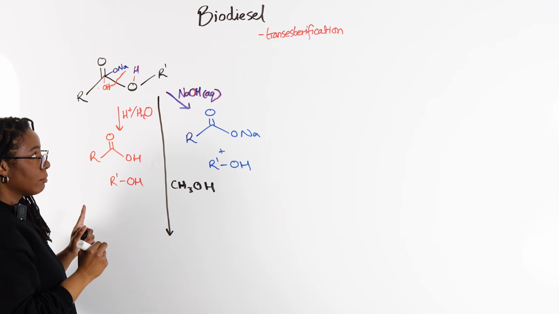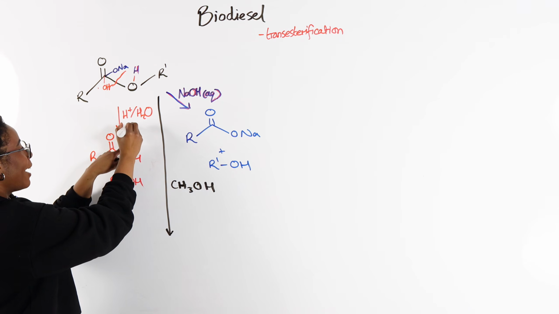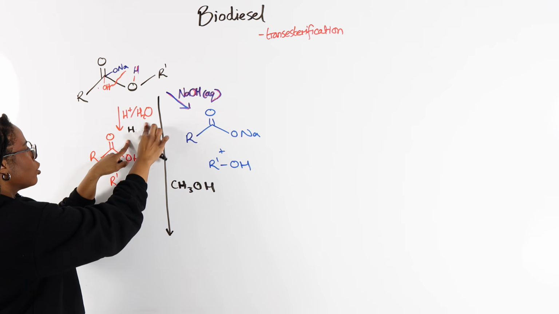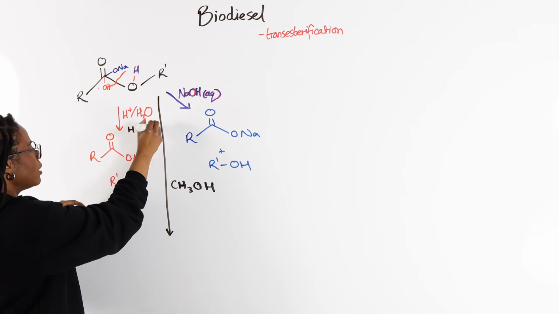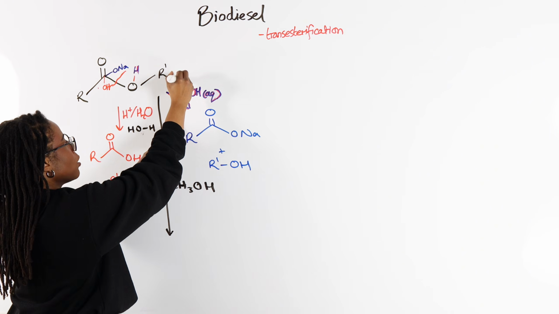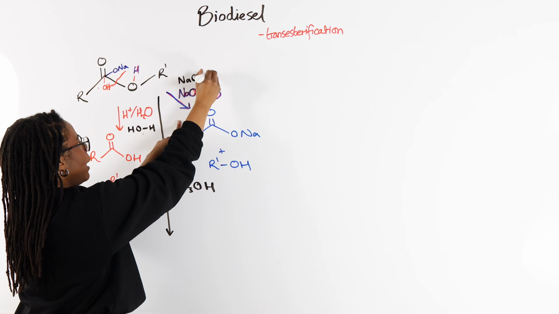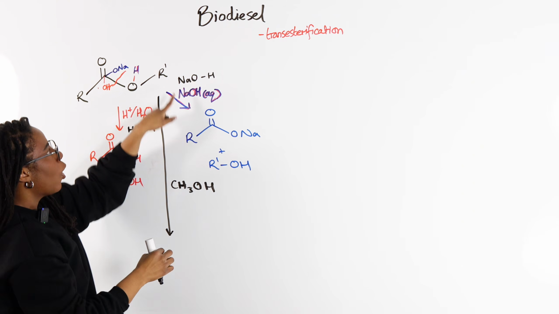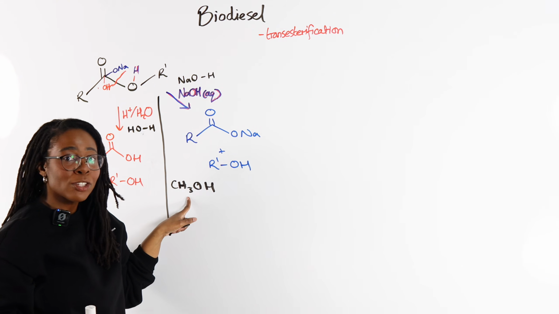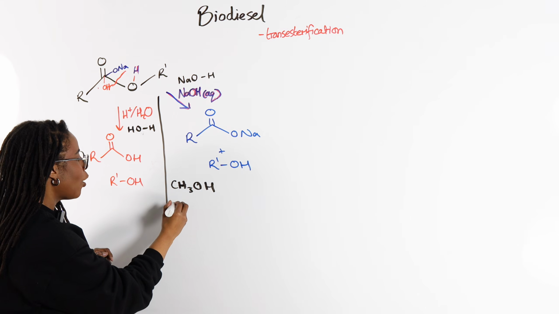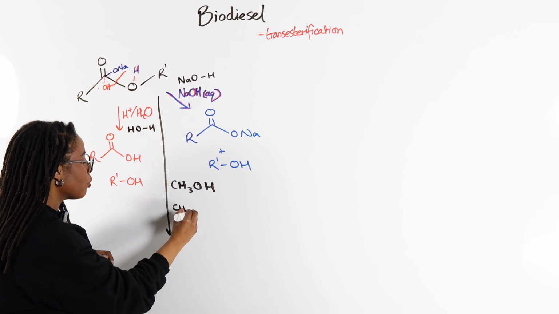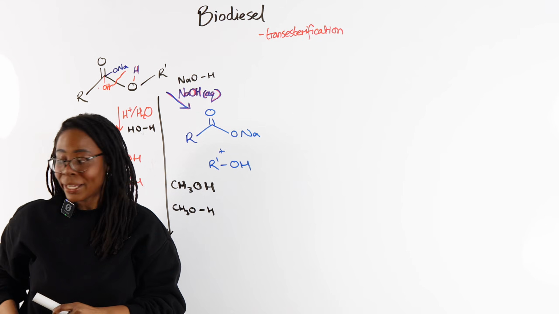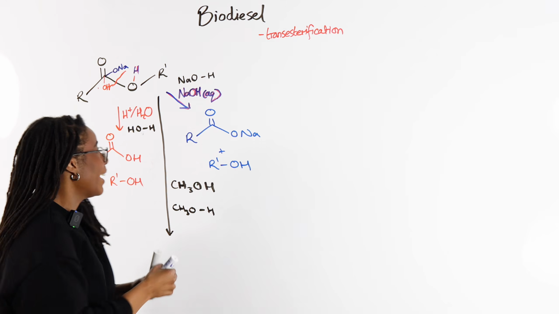Again, if you think of water as HOH, and sodium hydroxide as NaOH, in terms of the HO there, the H there, the NaO there, the H there, then for methanol, it's exactly the same. We can think of this as CH3OH. So hopefully you can see where I'm going. If not, we're about to go there together.